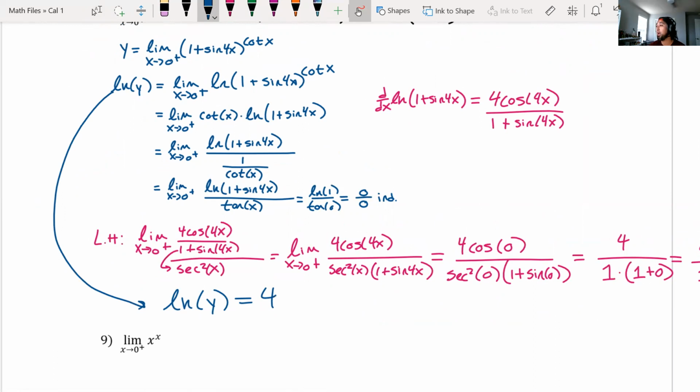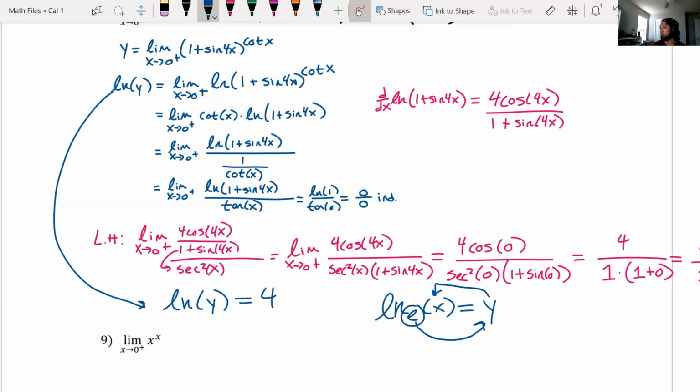So do you guys remember how to convert natural log to exponential? If I said natural log base e of x is equal to y, and I say convert to exponential, what would you write? Remember, it's the base raised to the outside number, and you set it equal to the inside.